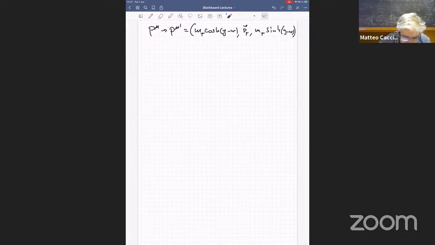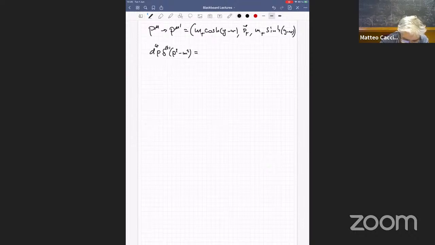Another reason why rapidity is useful is that we can easily parameterize the phase space in a Lorentz invariant way. Let me write the phase space: d4p delta plus of p squared minus m squared. So this is one way of writing the phase space in a clearly Lorentz invariant way.